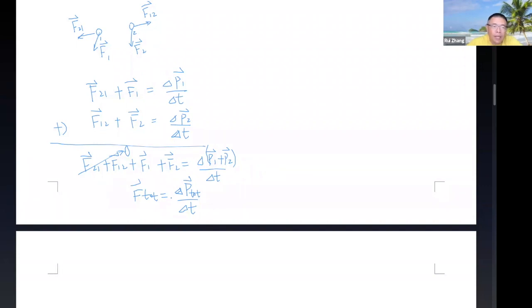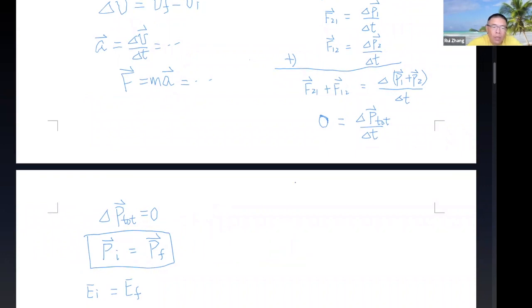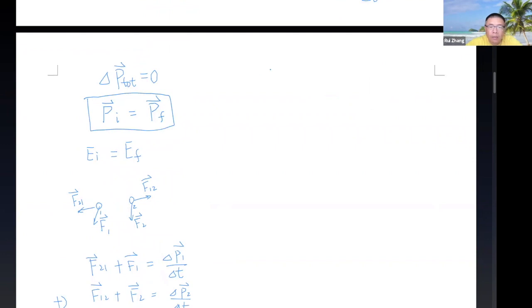Now from this example, we see that the condition for conservation of momentum is there's no external forces on the system, okay?